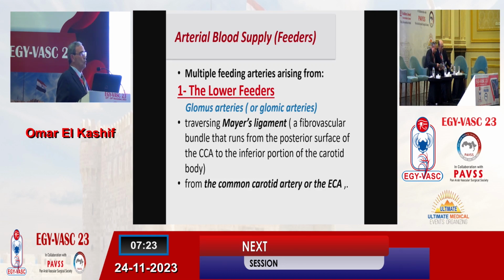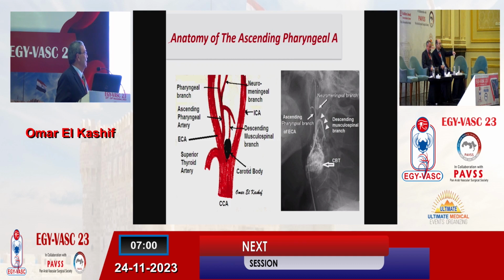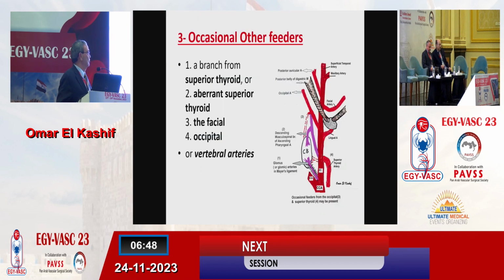It is a branch from the common carotid artery or the external carotid artery, while the upper feeder is the descending musculospinal branch of the ascending pharyngeal branch of the external carotid artery, and I will refer to it as the descending branch in the coming talk. Occasionally, this descending musculospinal branch from the ascending pharyngeal is considered now the main blood supply of the carotid body.